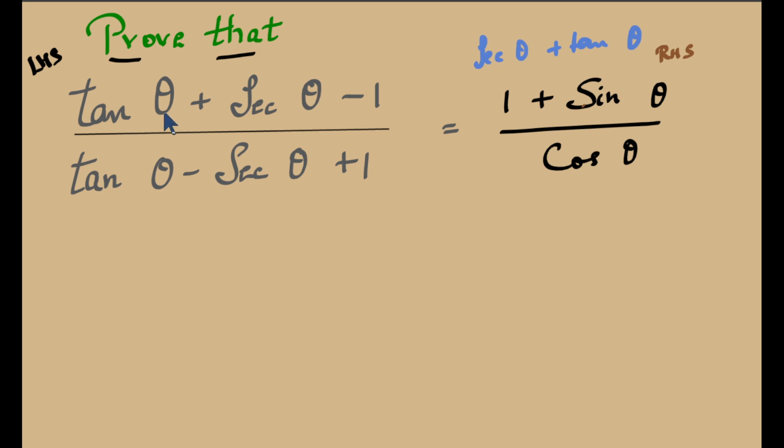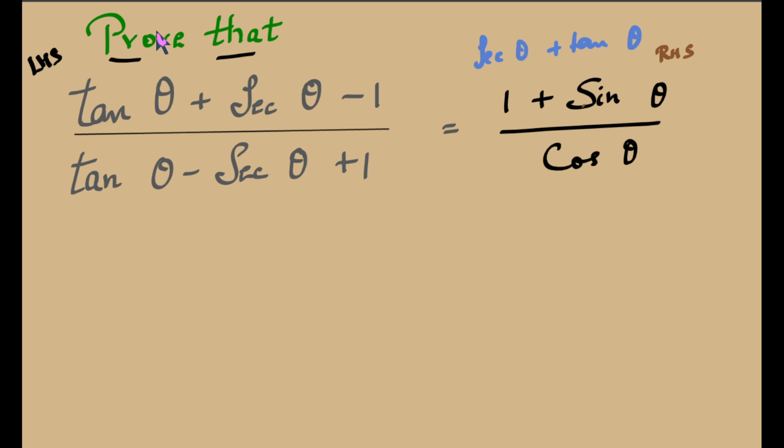Now in order to make use of it, we need tan squared theta and secant squared theta. We don't have tan squared, so how do we get it? We just have tan theta and secant theta. So let us try multiplying the expression which is given here by something.